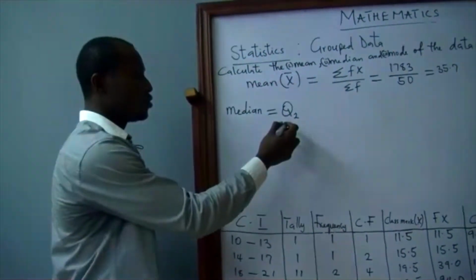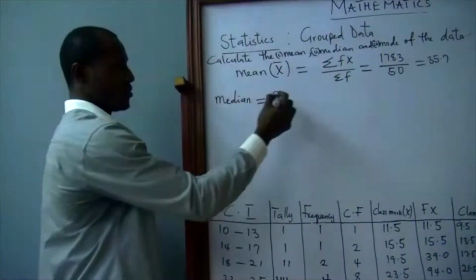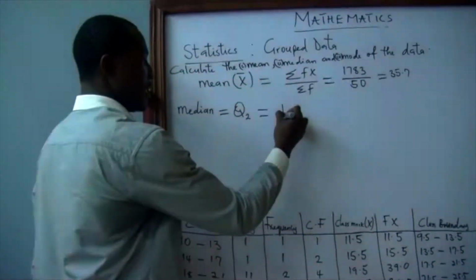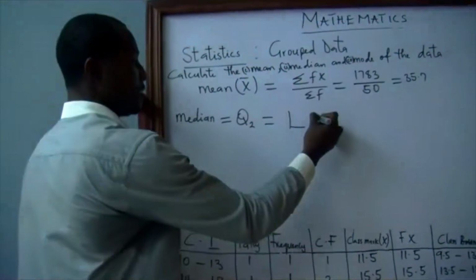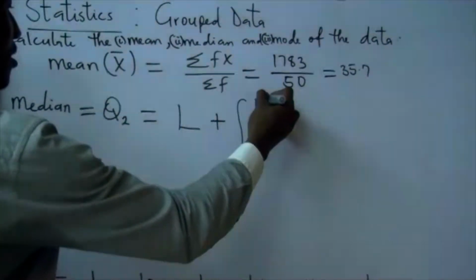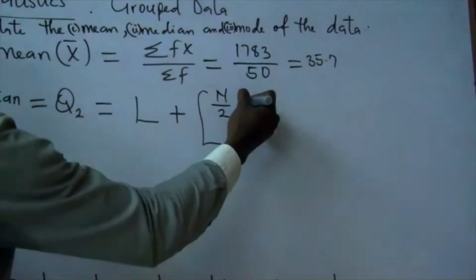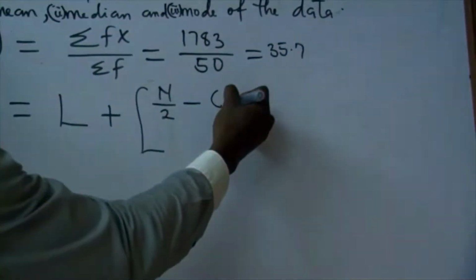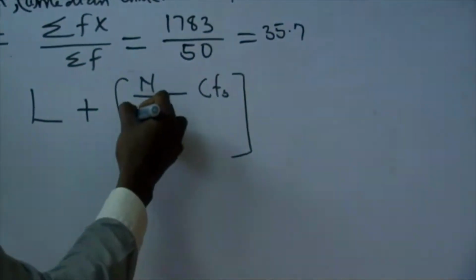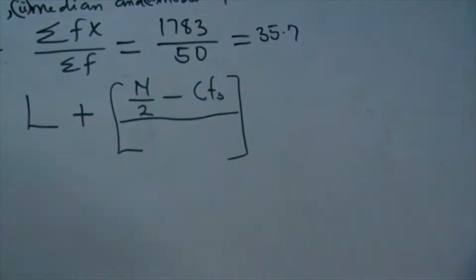So Q2, which is the median, is obtained like this: L plus N over 2 minus CFB, divided by F, multiplied by W. I'll explain what every symbol represents.